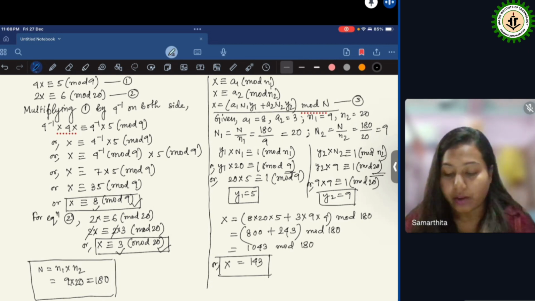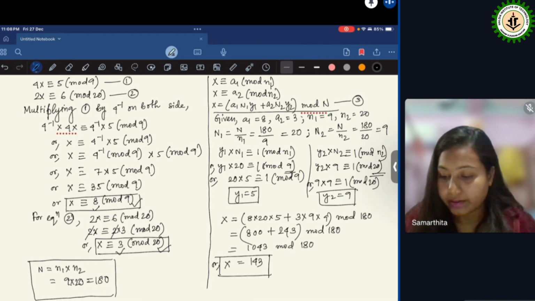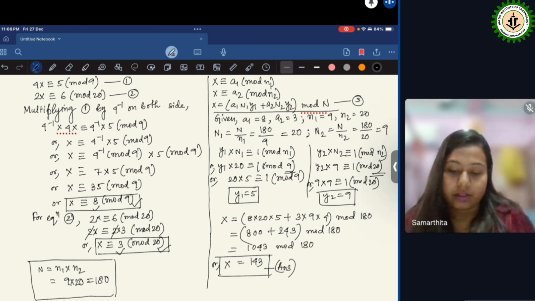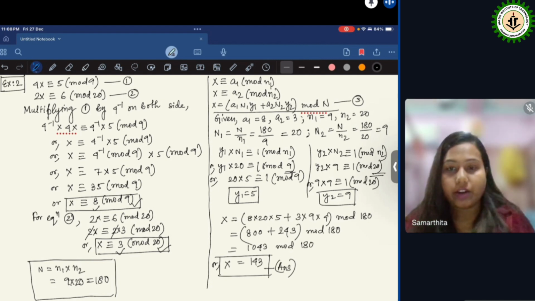So this is our required value of x, right? This is the answer. Okay, I think it is clear to all of you. This is example 2. I think this is a different kind of equation and I have solved it.